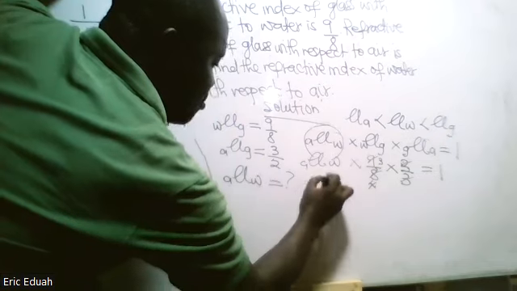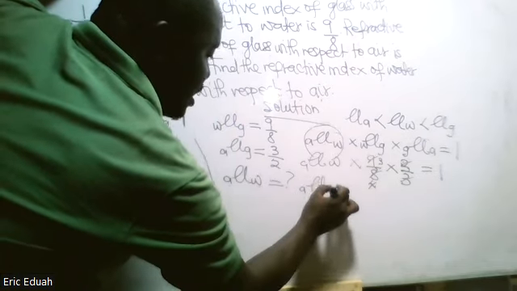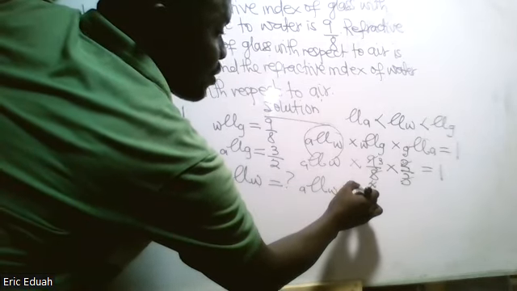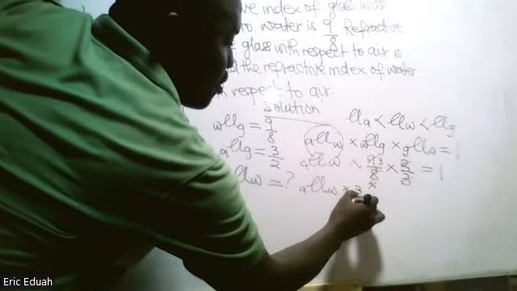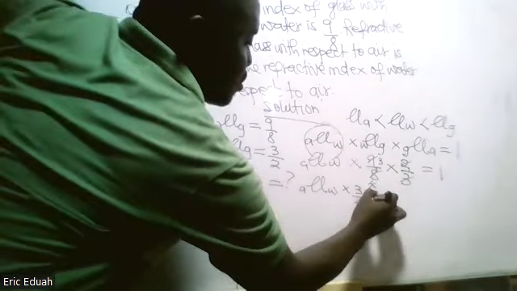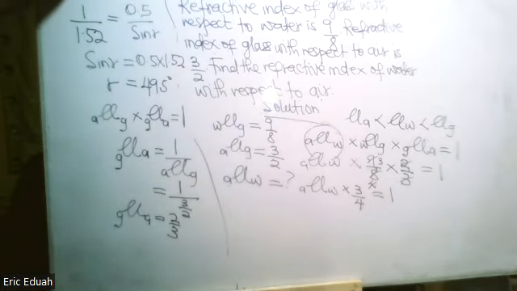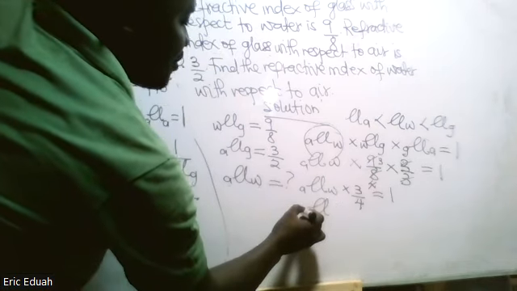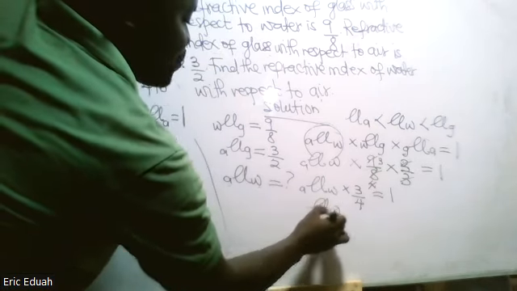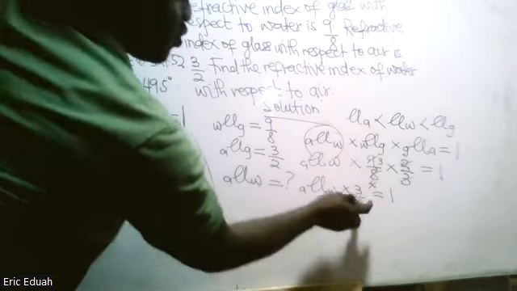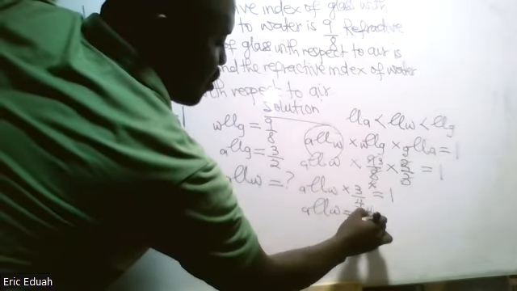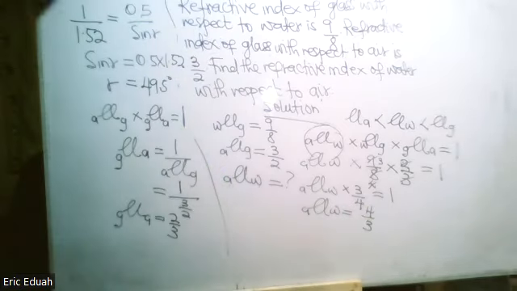So you have mu of water with respect to air times 3 on 4 is equal to 1. When you make this the subject, the refractive index of water with respect to air would be equal to, when you multiply through by 4 over 3, 4 on 3. That's the answer.